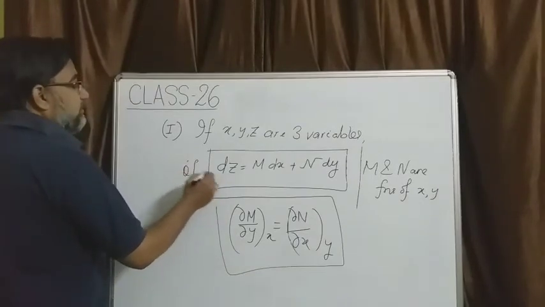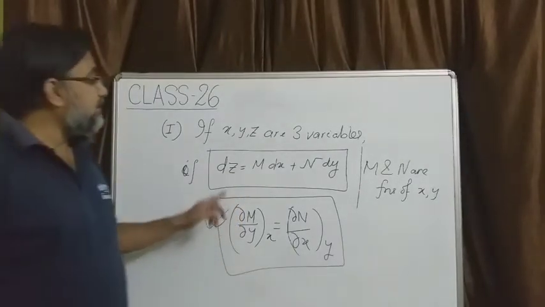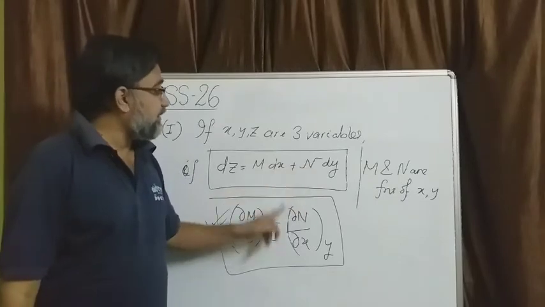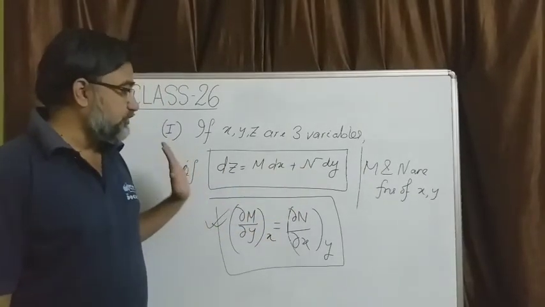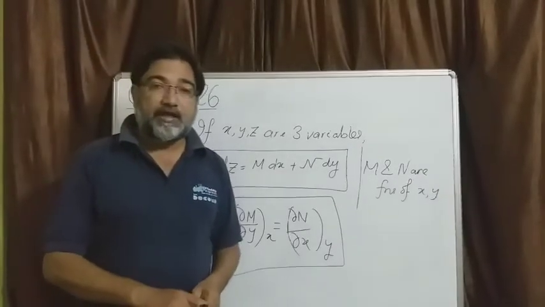If dz is equal to this, then remember del m del y x and del n del x y. Okay, this is the first theorem. And what are these z, m, n? They are all functions of x and y.